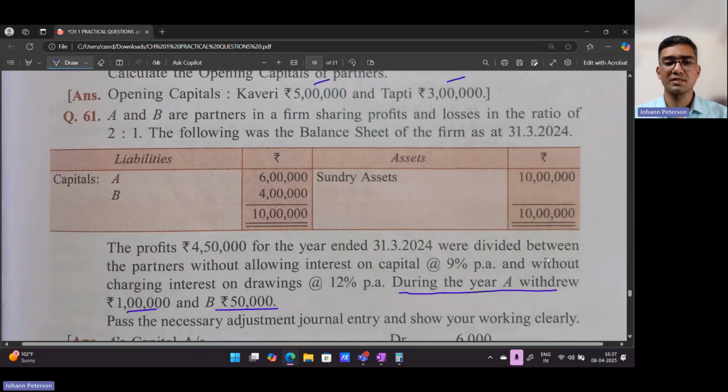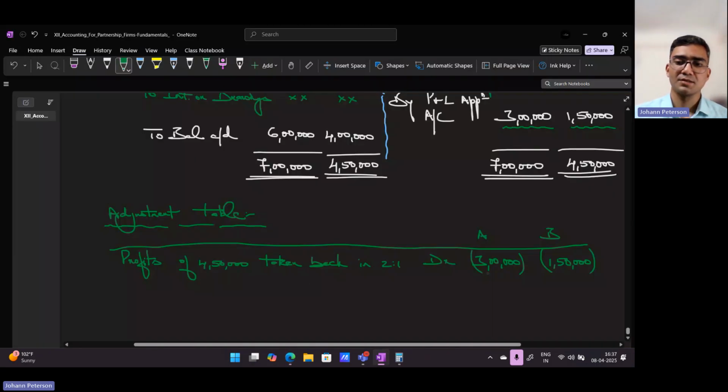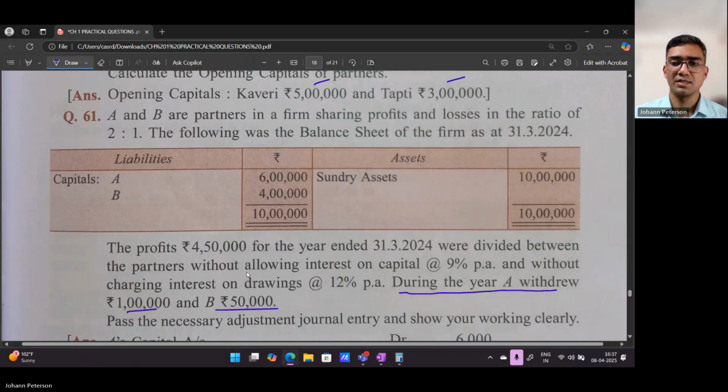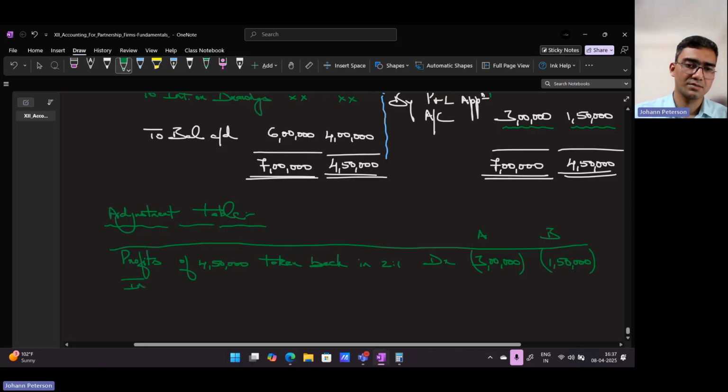Question is asking us to give that adjustment entry, right? So we are working towards that. What else do we have to give? We have to give interest on capital. So interest on capital is to be given at 9% per annum. It's a credit item.